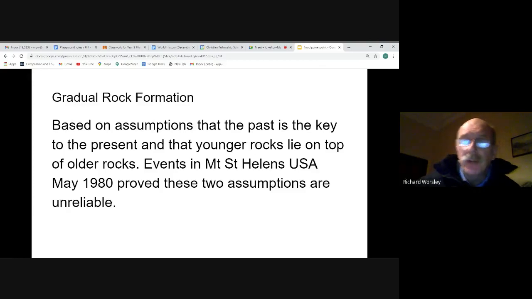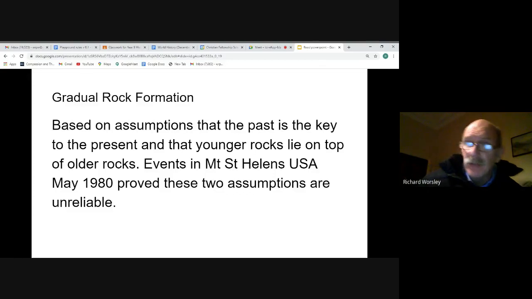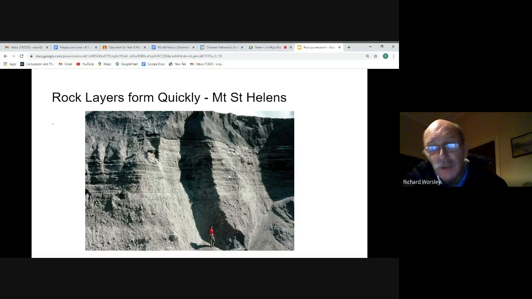But what we discovered was that when you have a huge catastrophe or a huge event like a volcano erupting, in the case of Mount St. Helens, a very explosive volcano erupting, things that you think would take a long time happen very quickly. So we found that stratified rock layers can take place in a matter of an hour. So it didn't happen that these were laid down annually.